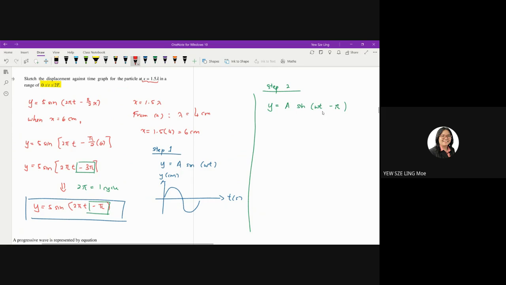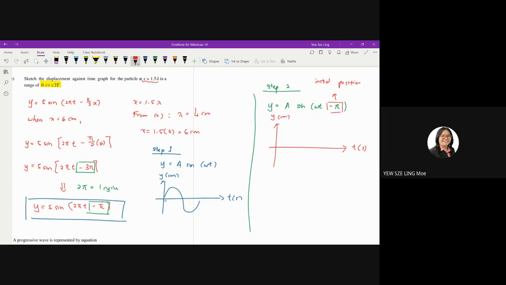This part represents your initial position. Where is the initial position? It is negative 180 degree from equilibrium position. So now the graph will look like this. This is your y-axis, this is your x-axis, so negative 180 degree.